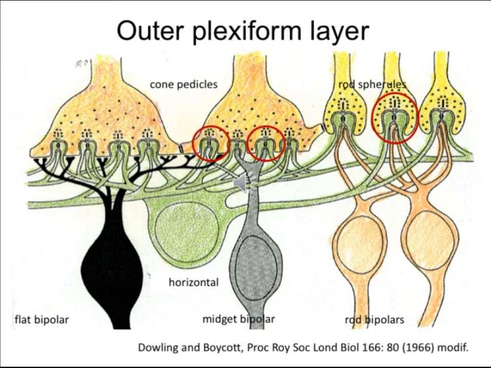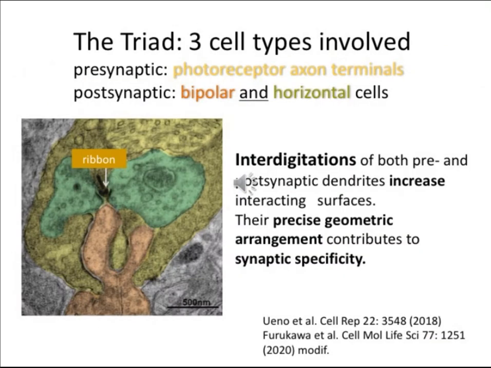Let us have now a closer look at the synapses between photoreceptor cells, the presynaptic part, and both postsynaptic cells, bipolar cells and horizontal cells. We have seen that they make close contact to each other in the form of interdigitations. This is here encircled in red. These three cell types form the so-called triad.